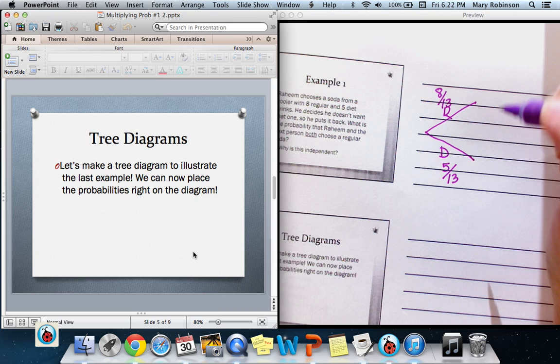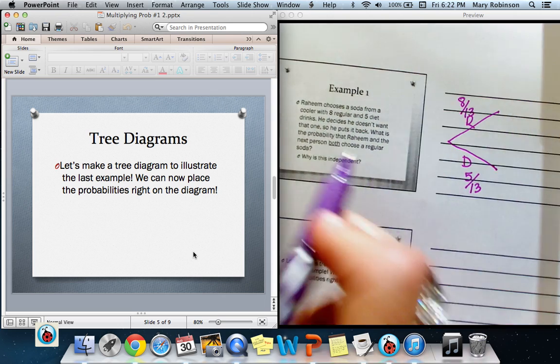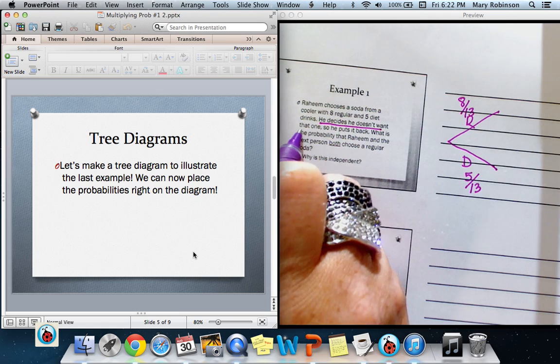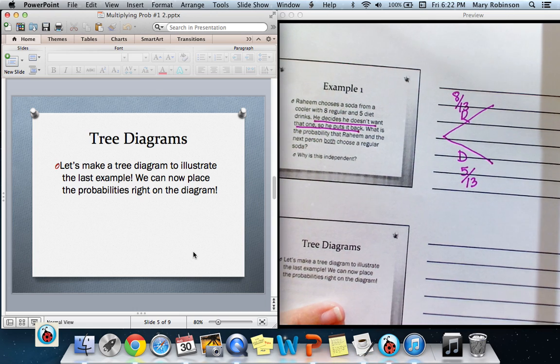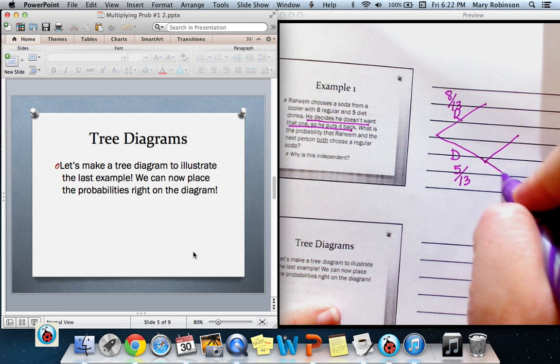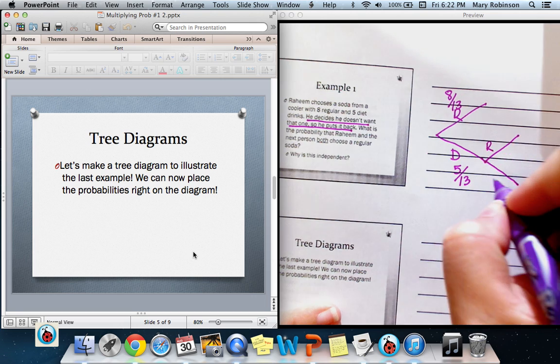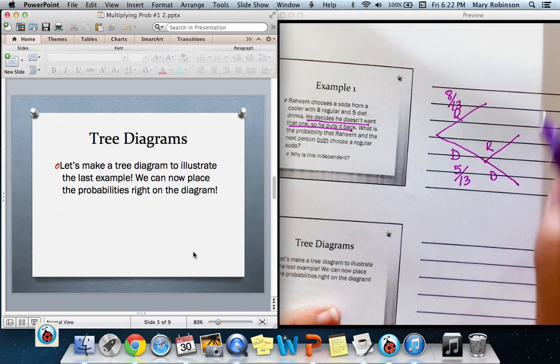Now let's say he chooses a diet first, and then, remember, he decides he doesn't want that one, so he puts it back. So that means on the second time that he reaches in for a soda, he could get a regular or he could get a diet.